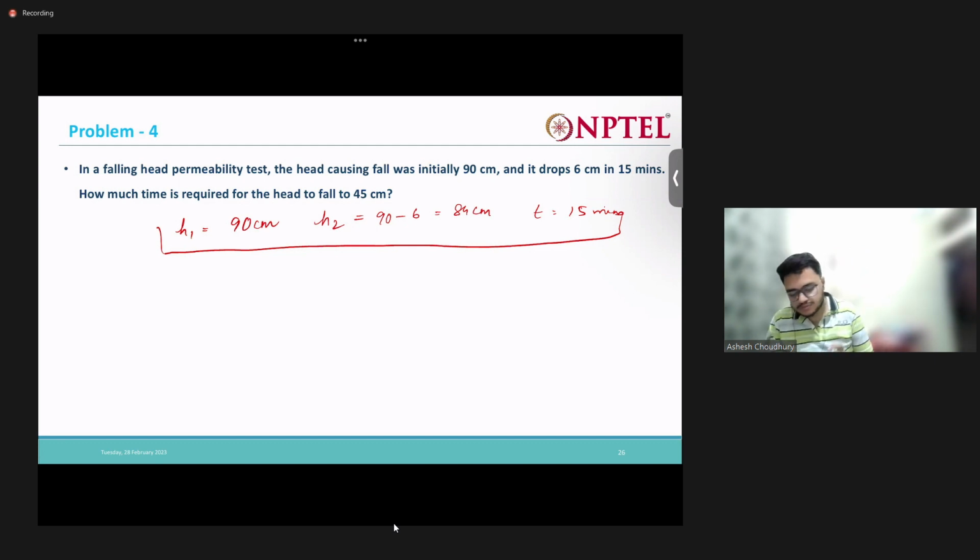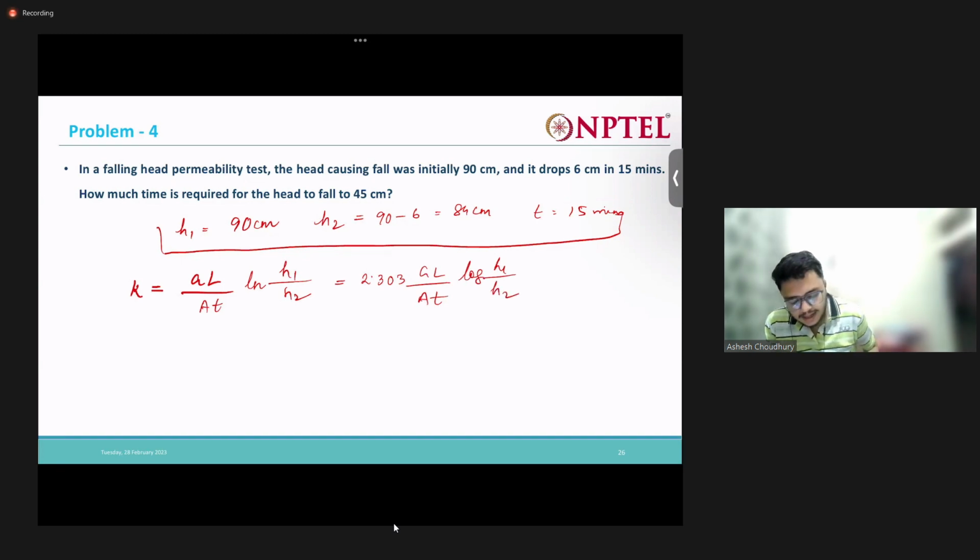So you know that K is equal to a L over A T log H1 by H2. If we want to write this in terms of log base e, we can write 2.303 a L over A T log H1 by H2, right? So H1 you know, H2 you know, T you know, correct?